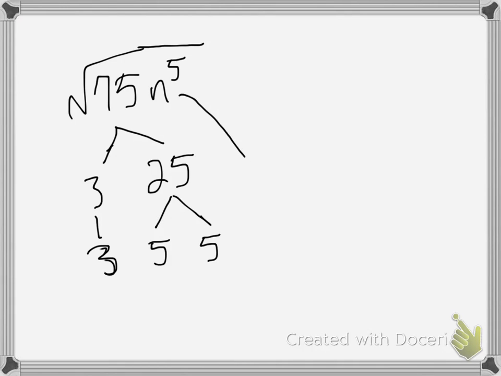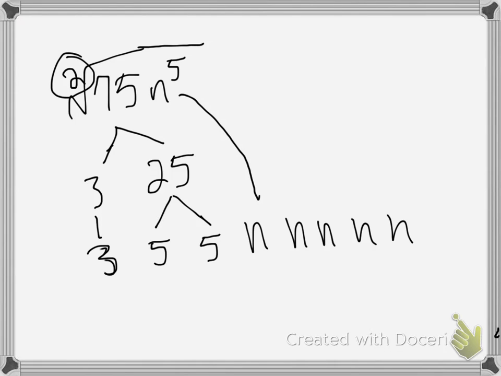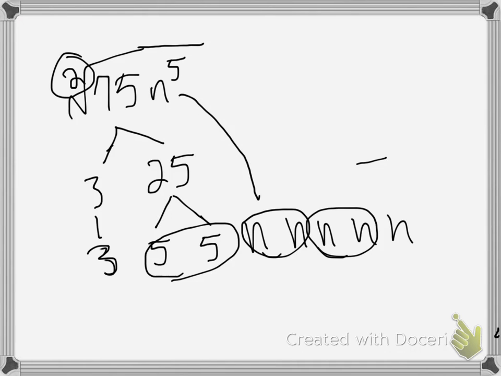And then I have 5 n's right here. This is the square root, so that index is a 2. So when I break it down into my prime factorization, a little trick I can use is I'm looking for pairs of things underneath the radical. So I have a pair of 5's here, a pair of n's, and another pair of n's. If it has a pair, I can pull it out of the radical.